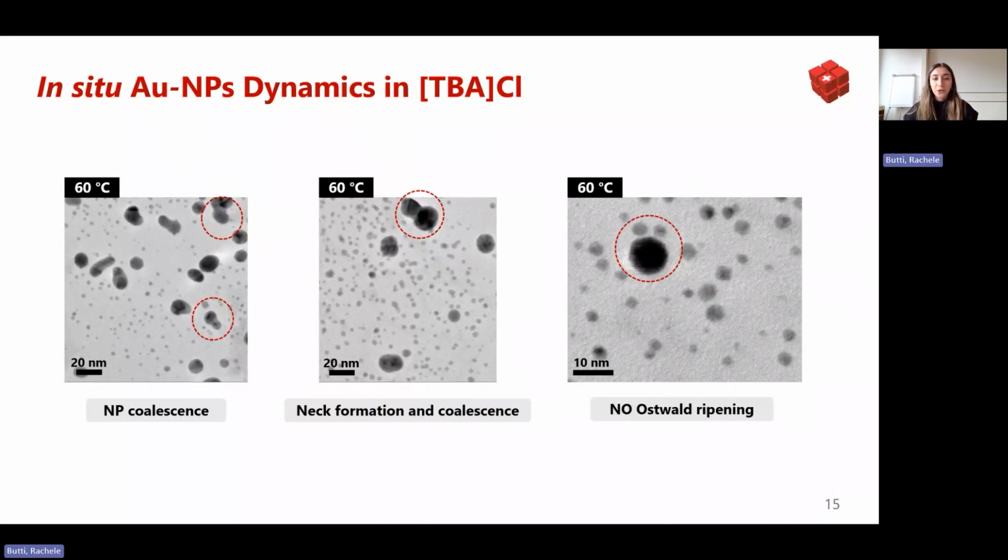We see nanoparticle coalescence, and also here looking at the scale bar, we see that we deal with bigger particles. And also here in the third time series, even though the particles are in high proximity, there is no Ostwald ripening, no coalescence. So there is generally a restricted mobility or restricted dynamics.